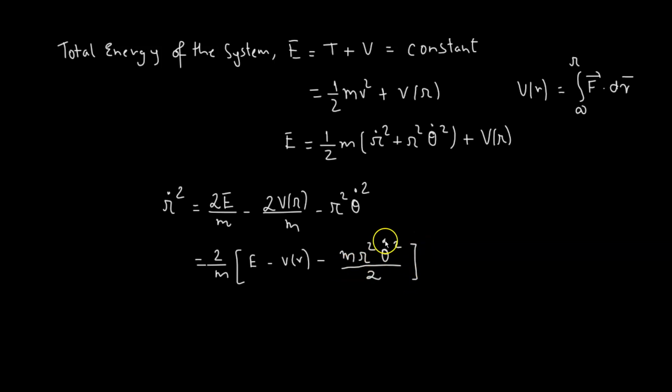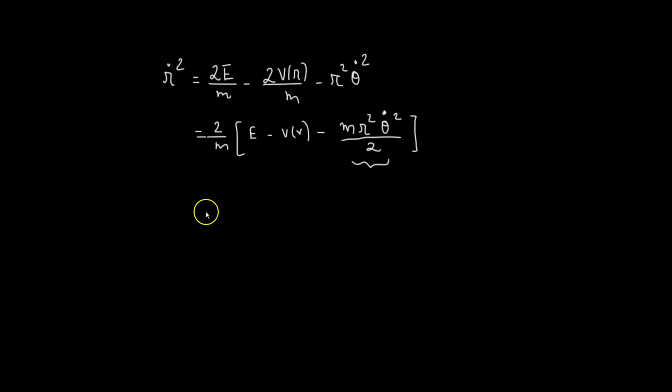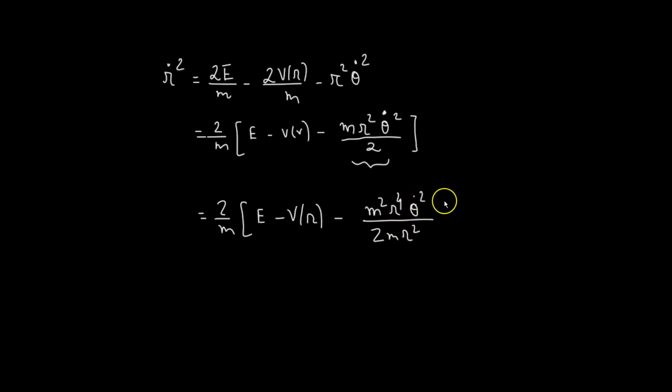Fine. Now let's rewrite this last term. So this equals 2 over m multiplied by E minus V as a function of r, minus, we multiply the numerator and denominator by m, so we have m squared in the numerator, and also by r square, so we have r to the power of 4, with r square in the denominator times theta dot square.